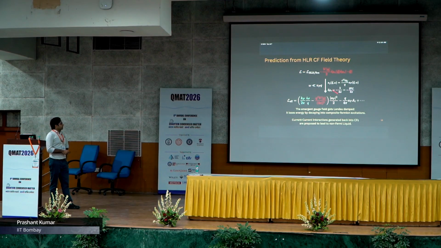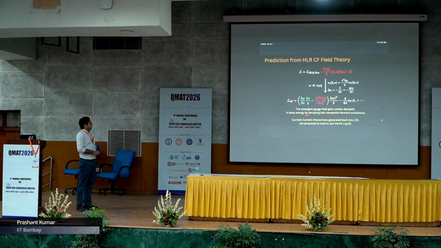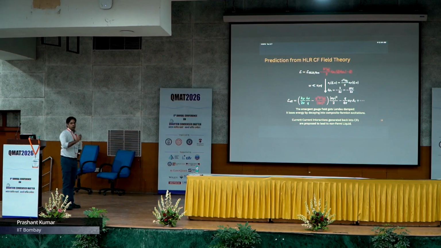And it is precisely this dynamics, this Landau damping, which then is proposed to feed back onto the composite fermions and give rise to non-Fermi liquid. But let me say that this statement is uncertain. Theoretically, it is not on very good solid ground. But this Landau damping is more or less robust. You just have to do RPA, essentially you integrate out fermions and you get here.